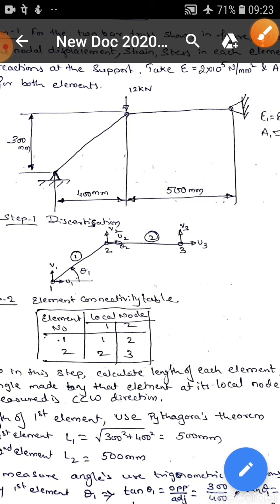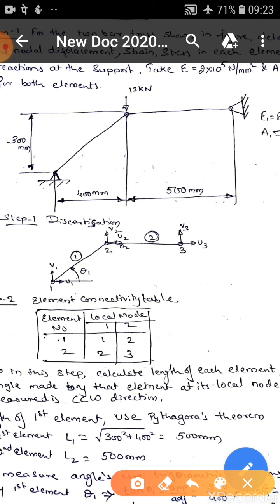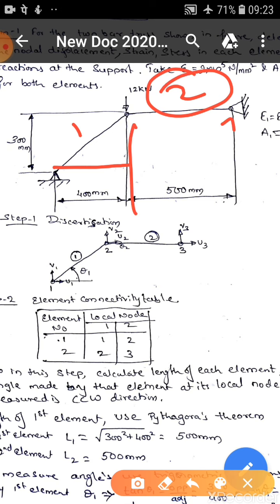Next I need to know the length of it. Here, the first element's length is not given directly, whereas the second element's length is given. How can I get it? I can get it using the Pythagoras theorem. This length is 400, this height is 300, which is given here.